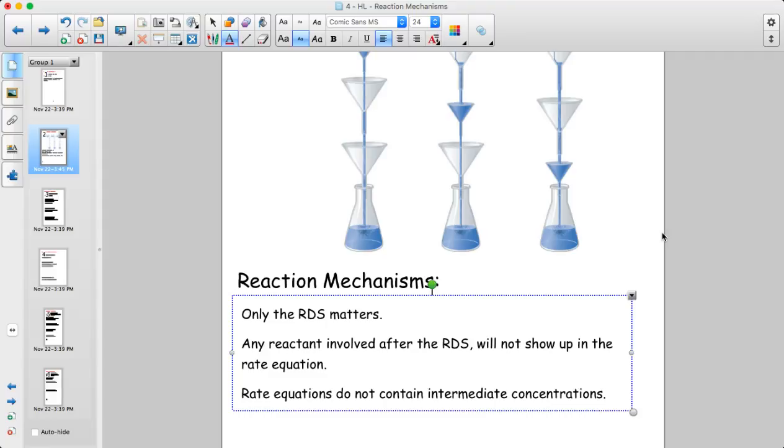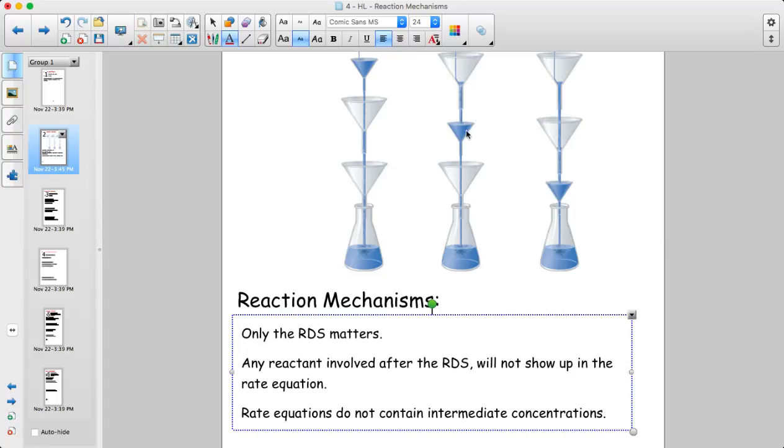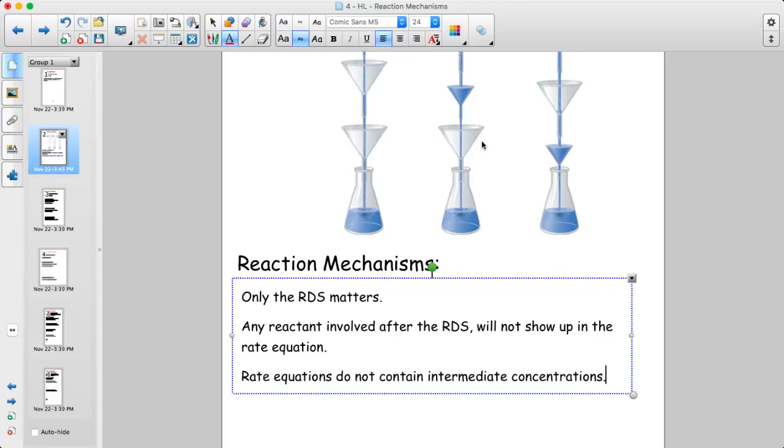So we can only really show concentrations of reactants. Because rate equations don't show intermediates, if, for example, the second step is the rate determining step and it involves an intermediate, then the intermediate will get replaced in the rate equation by the reactants that formed it. That sounds a little confusing without examples, so I'll try to clarify that in just a second. So rate equations do not contain intermediate concentrations.